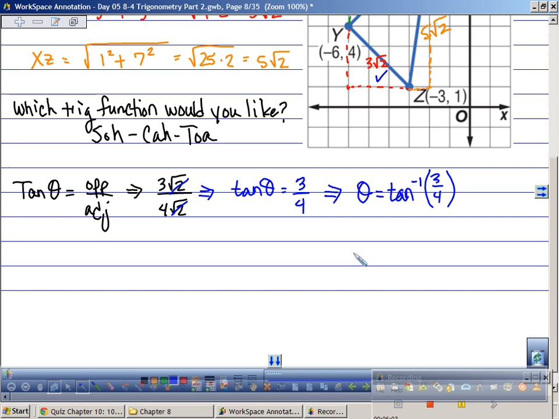Okay? You don't have to do all that mess that I did on the last page. You just have to say, if I'm trying to find the angle, then I'm going to take the inverse of the tangent. You have to do the inverse tangent, and they're on most calculators. You've got a tangent, and you've got the inverse of tangent.